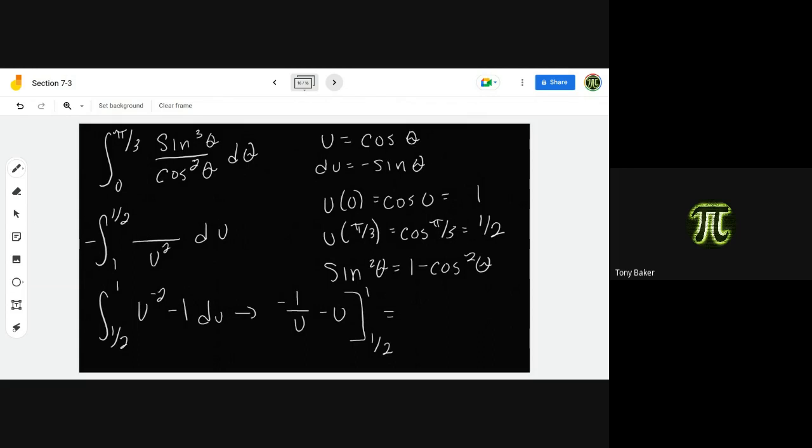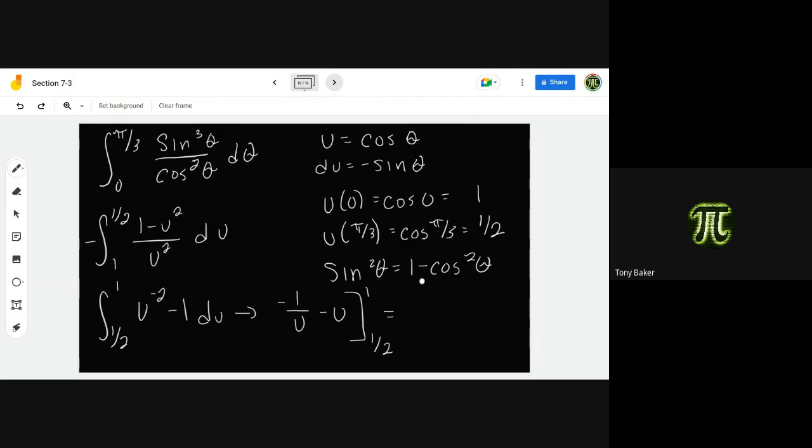No, you come down to the bottom there. No, that's fine. Because 1 divided by u squared is u to the negative second. I flipped it. The book didn't. I looked at the same thing, and I'm like, wait a second, and then I realized they didn't flip the signs where we did.